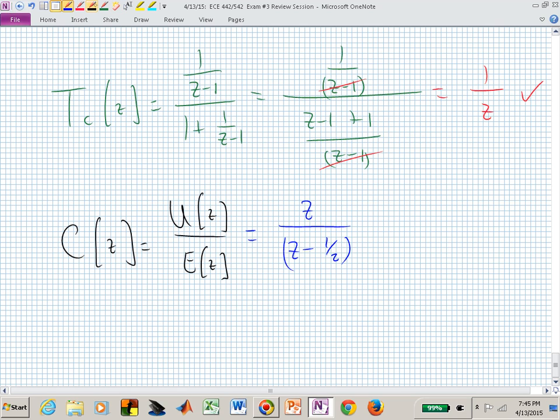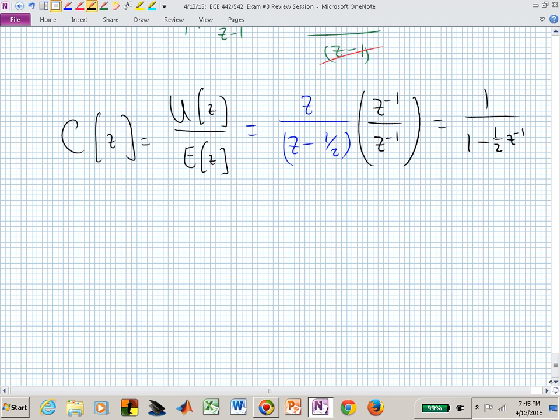Why don't I multiply that by z to the minus 1, so that I now have 1 over 1 minus 1/2 z to the minus 1, so that I have 1 minus 1/2 z to the minus 1 U of z is equal to E of z.